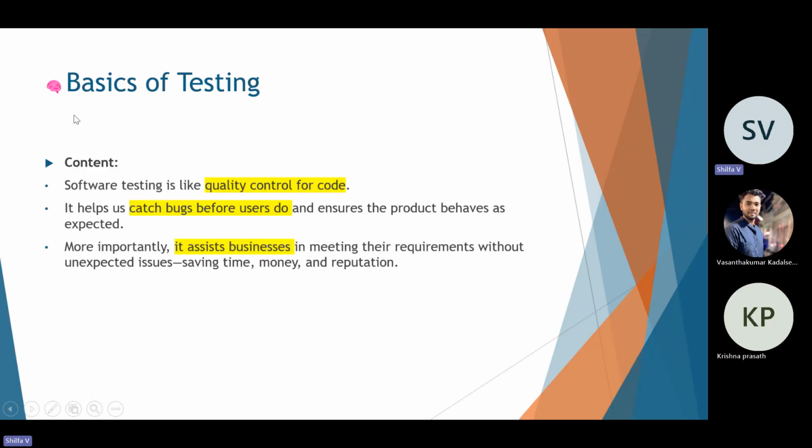These are all the things involved in the basics of testing. I think, Vasant, you have posted a lot of things on LinkedIn about code. Software testing is like quality control for those code, and it helps to catch bugs. We need to recognize the bugs that are there and rectify them.